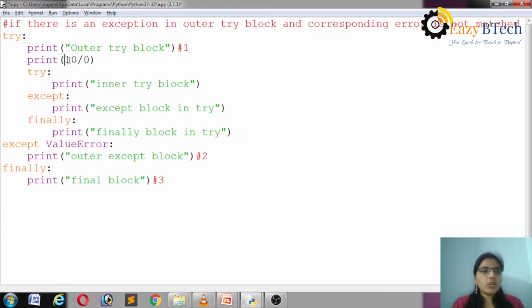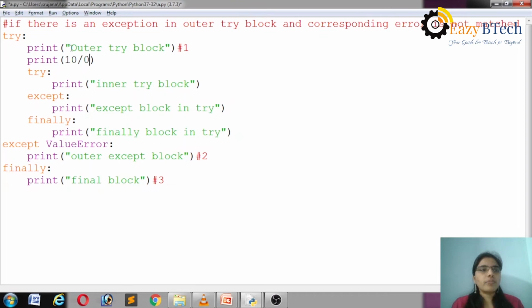It is a zero division error. Either it will search for zero division error, arithmetic error, or a default except block. There is no default except block, no arithmetic error except block, and no zero division error except block. So automatically the program gets abnormal termination.